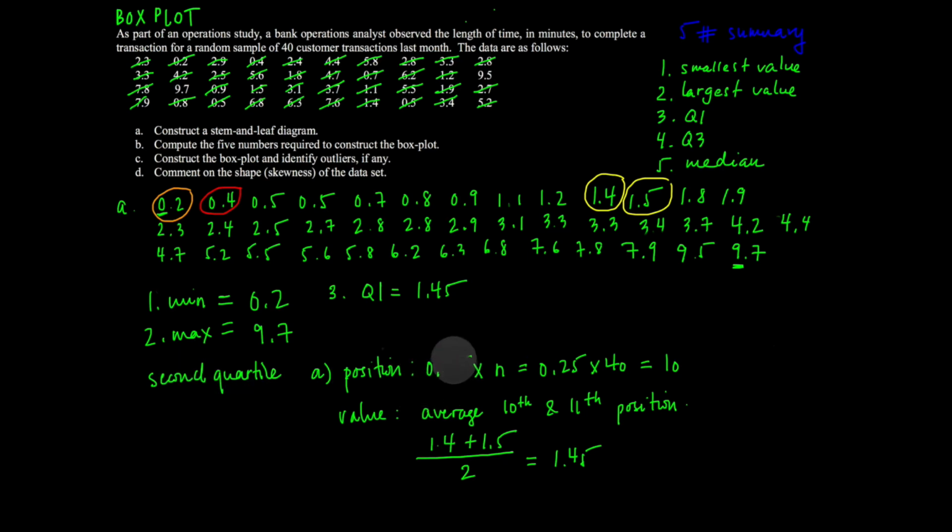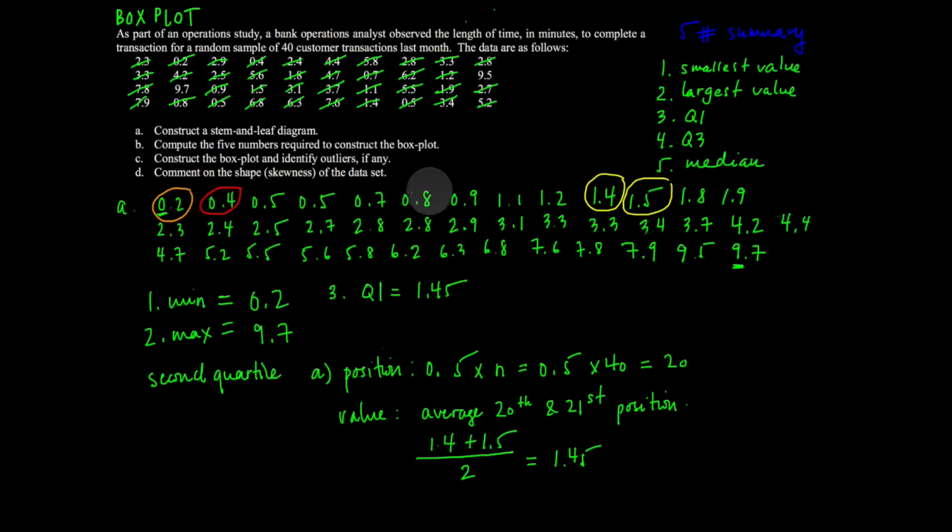So we know the position is 0.5. 50% is the middle. So here also, 0.5 times 40, that's 20. So once again, it's an even number. So it's going to be the average of the 20th and the 21st position.